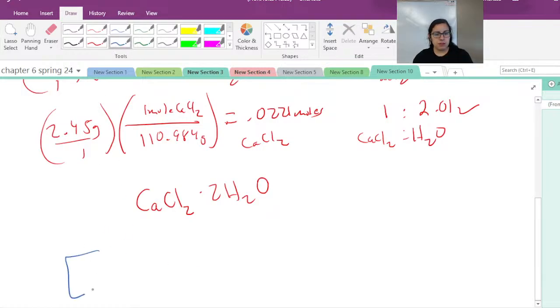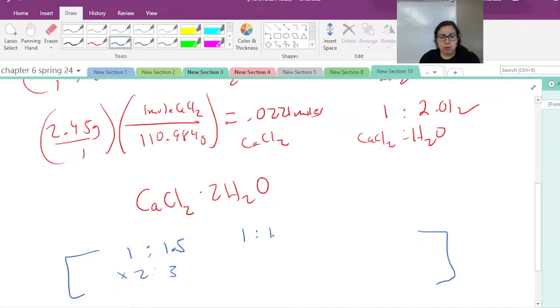And then some different notes to watch out for. If you get a 1 to 1.5 ratio, then you might want to multiply times 2 or whatever to give you whole numbers so that it's a 2 to 3 ratio. And if you get a 1 to 1 1/3 or 2/3, those can be tricky.